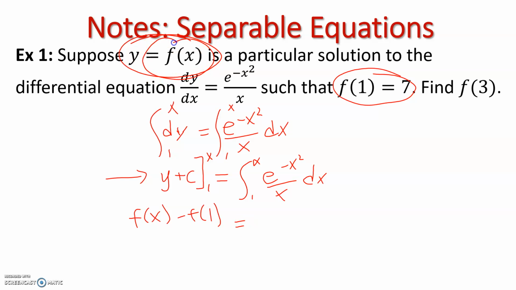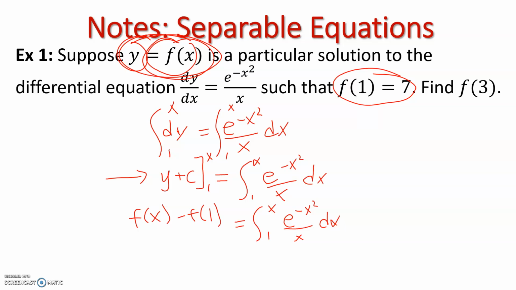And that is because y is f of x. So y with x, which is f of x, and y with 1, which is f of 1, and then the c minus c will cancel each other. So that is mathematically the integral of this right-hand side, e to the negative x squared over x dx.